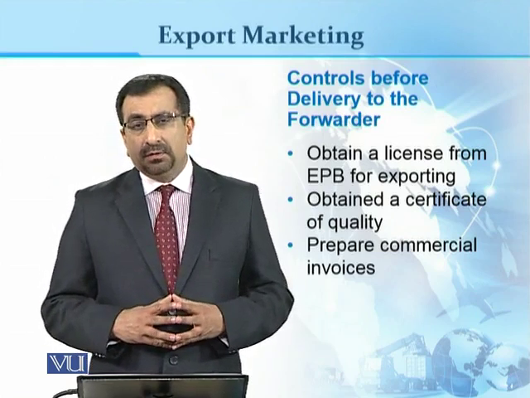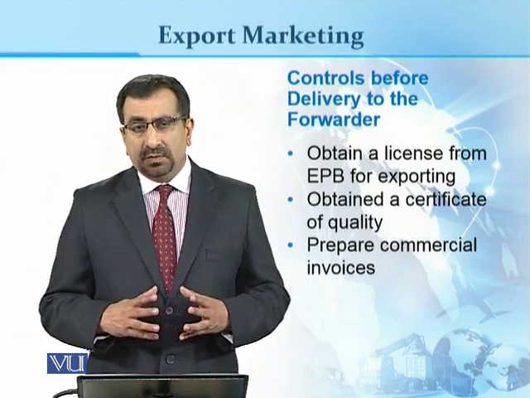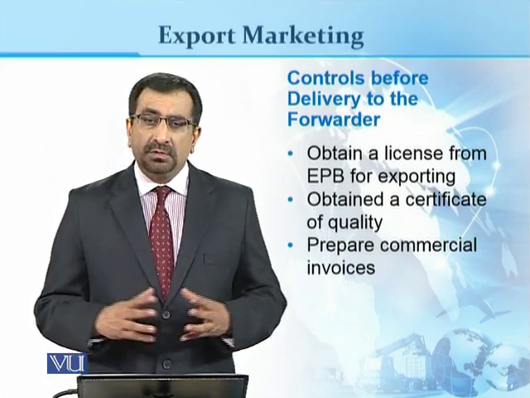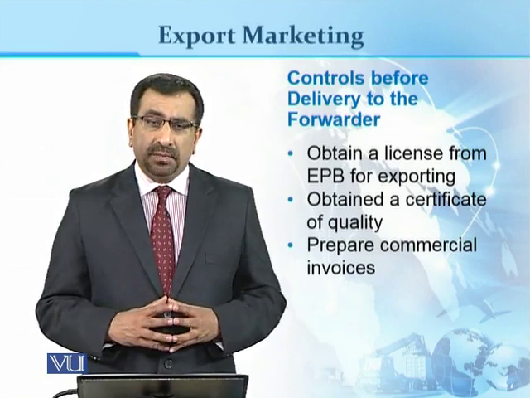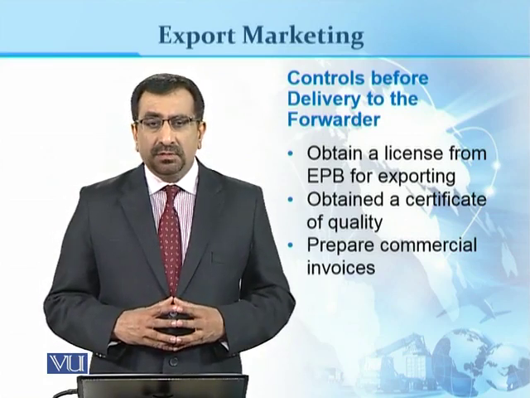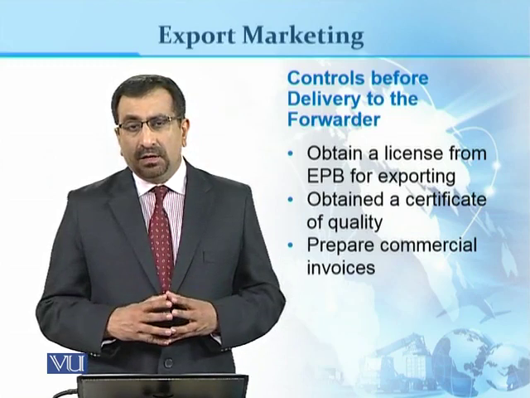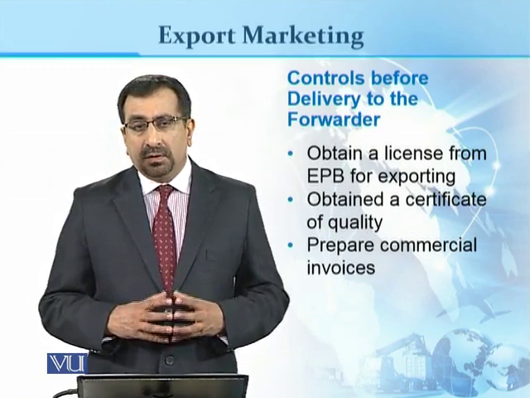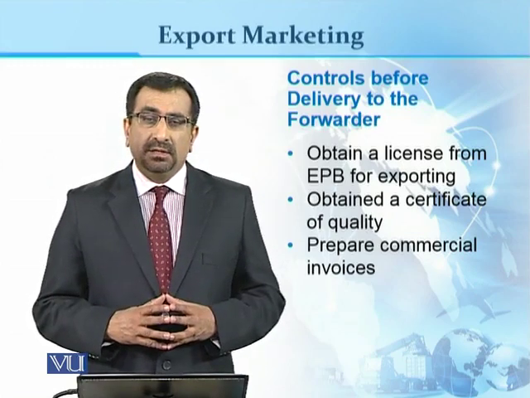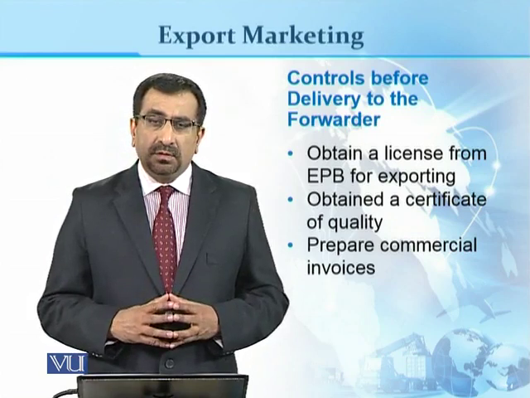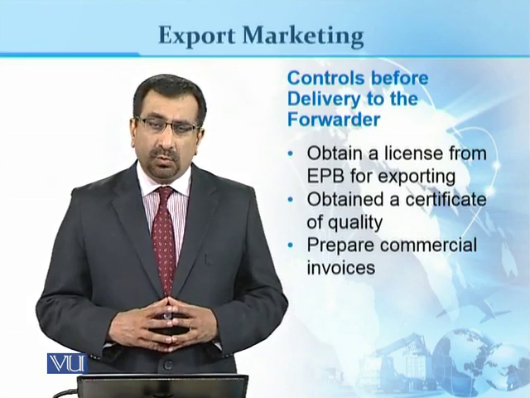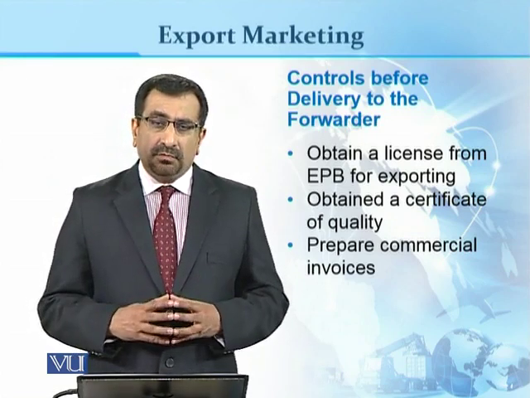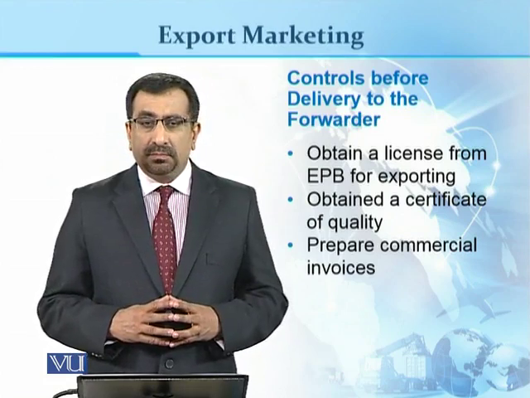Then preparing the commercial invoices. Commercial invoices, as we know, contain the name, address, and contact details of the exporting company, as well as the name of the importer and its address and contacts, along with the date, and then there is a description of the product, number of units being sold, the per unit price, and the amount of that particular segment.